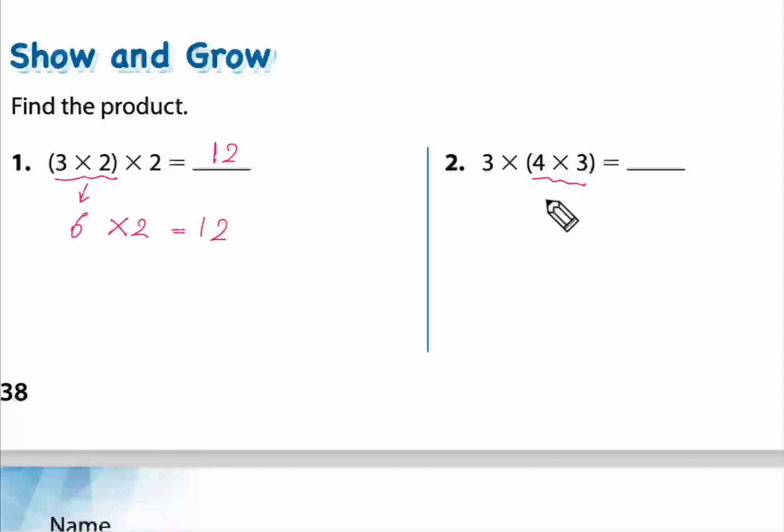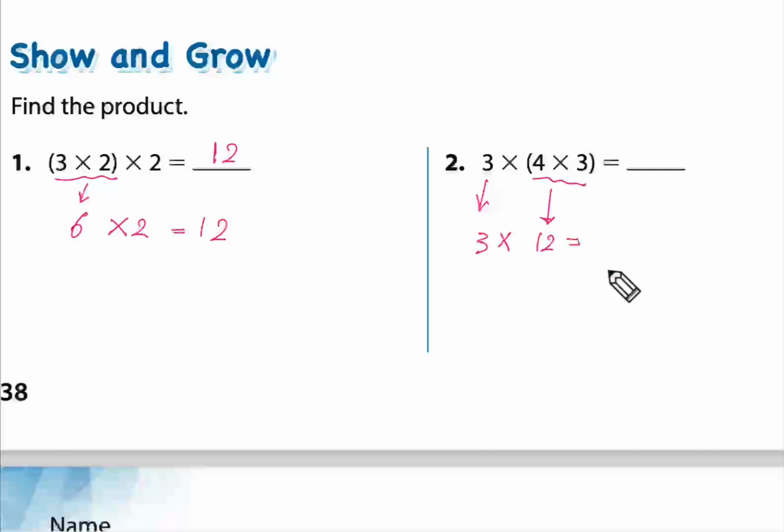And my heroes, should I write 12 here? No. Why? Because we have 3 here already. So do not forget to write this 3. Then multiplied by the product of this, which is 12. Sorry, you said 12, yes? Yes, okay.